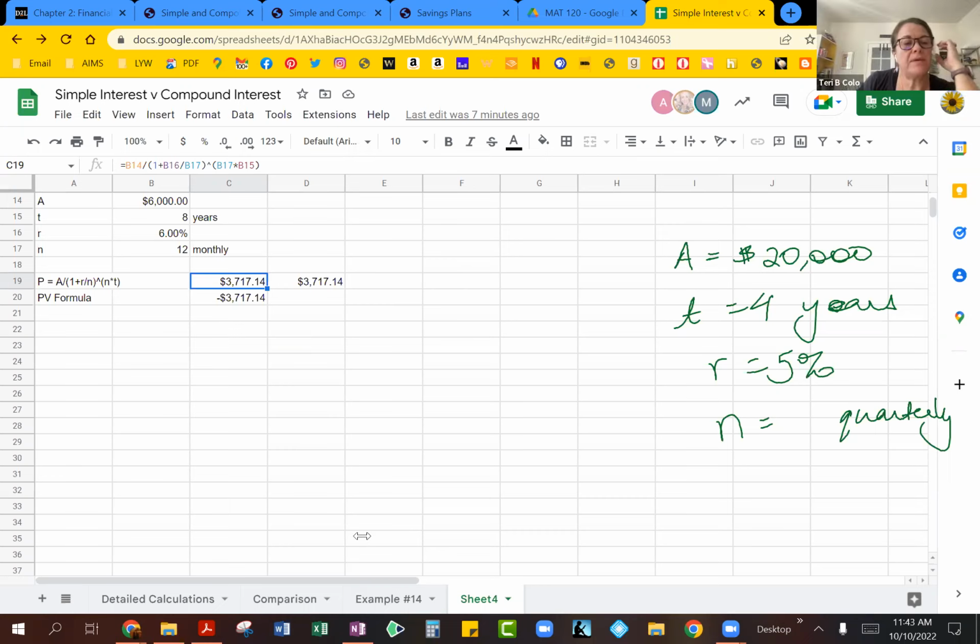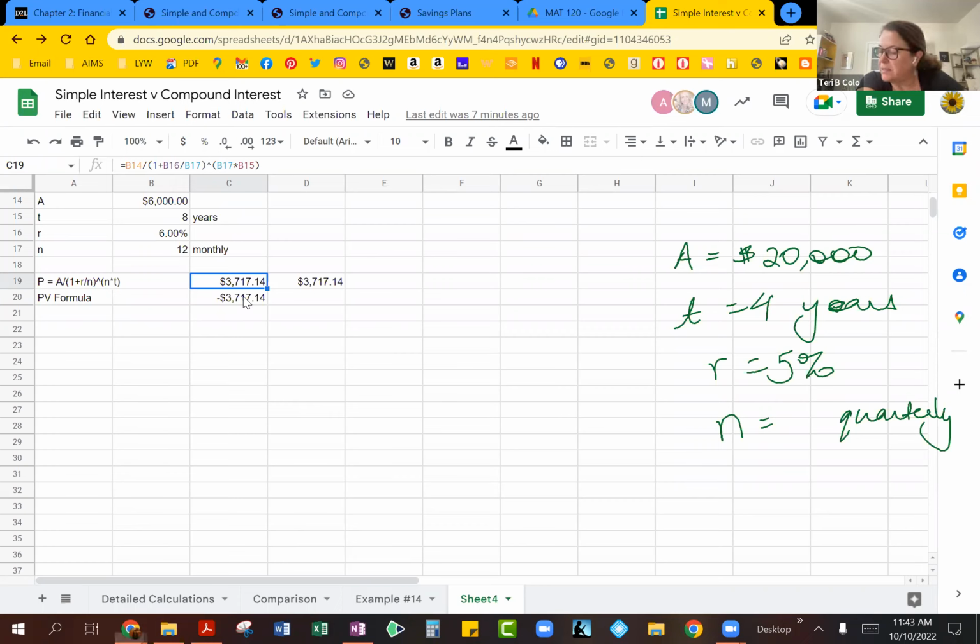When we go to the PV formula, that's to make sure that our principal is correct, right? Or in future, what we need to invest. Yeah, what you are investing today, so that in the future, like on the screen, we were talking about 6,000 before, and then we'll be modifying this with the new example of the 20,000. I got that part correct, but when we go to the PV formula, I'm a little confused.